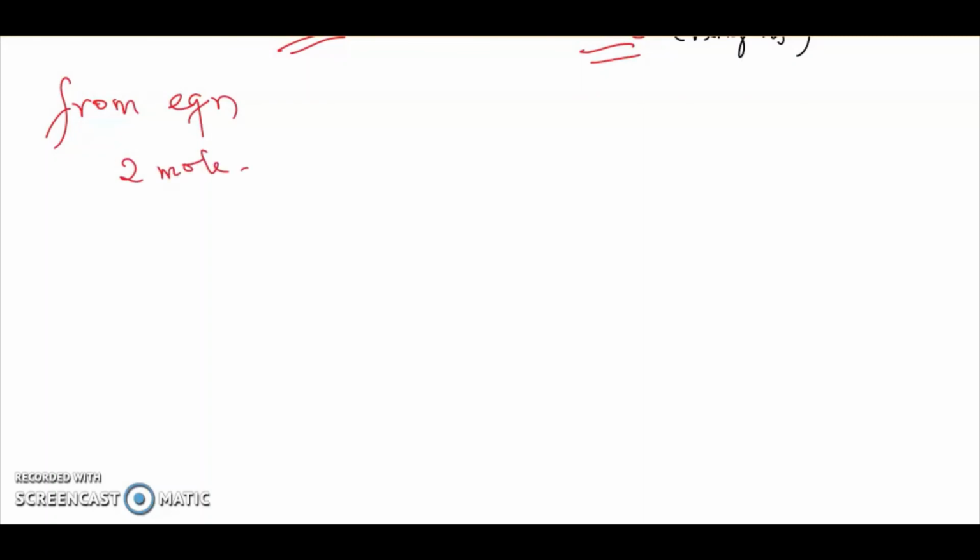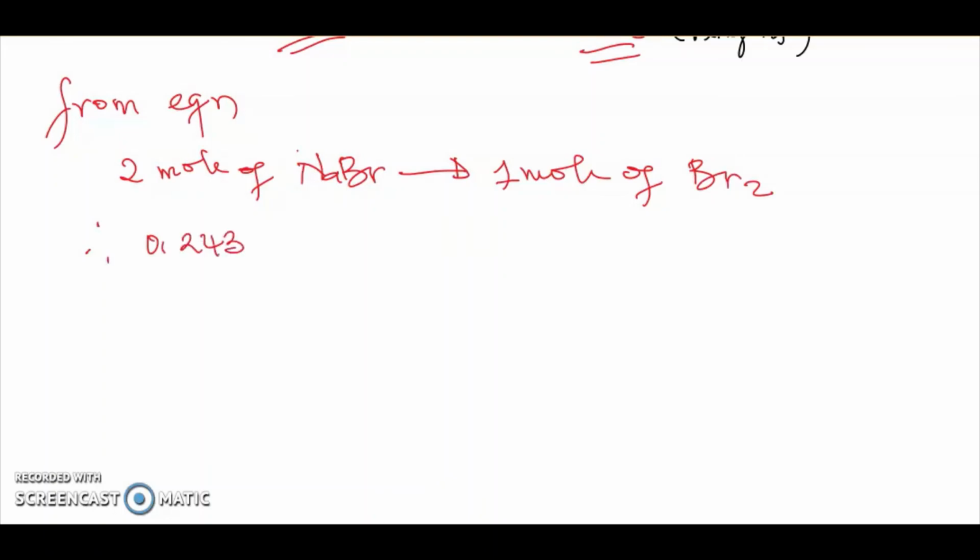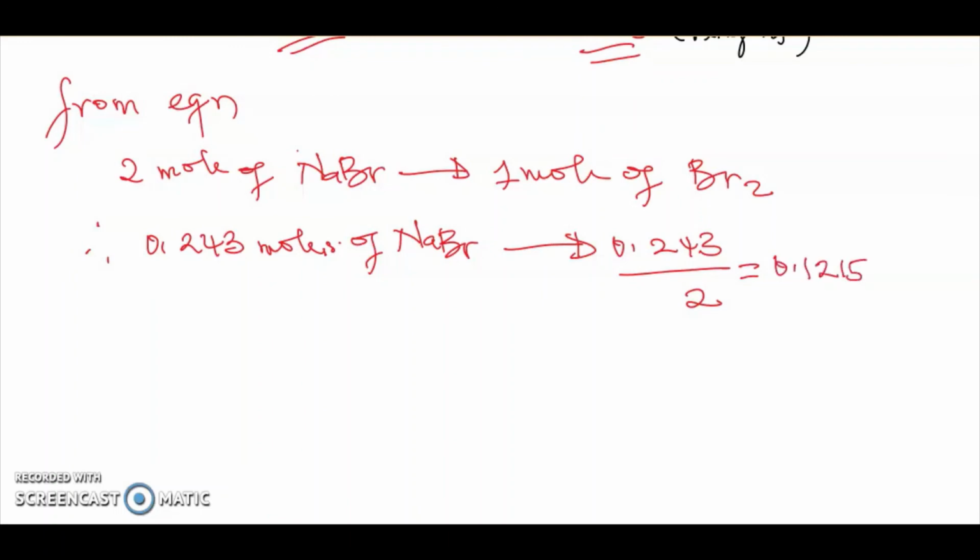If that be the case, therefore 0.243 moles of sodium bromide will form 0.243 divided by 2, and this gives us 0.1215 moles of bromine.